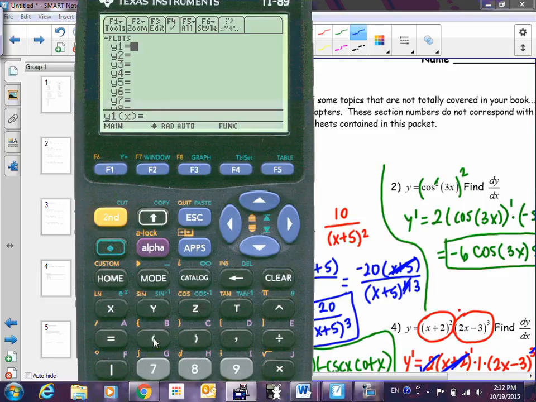So I'm actually going to type in number 4 that we did, because this will be a more interesting one. Okay, if you're going to multiply, by the way, in your calculator, you've got to press times.